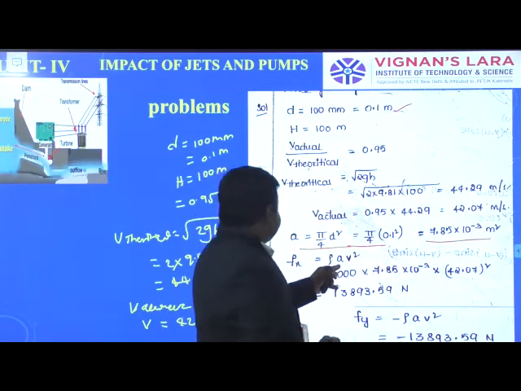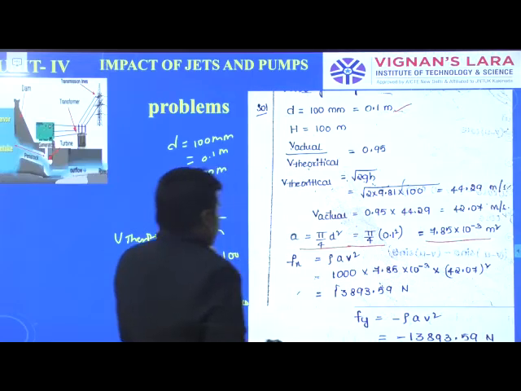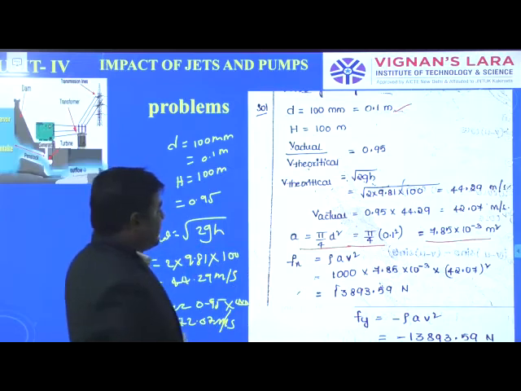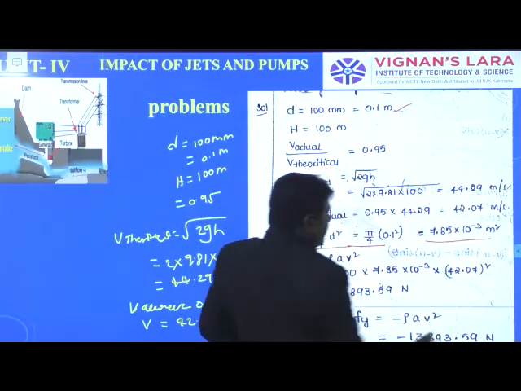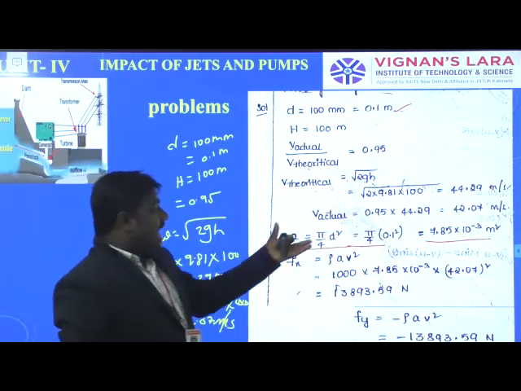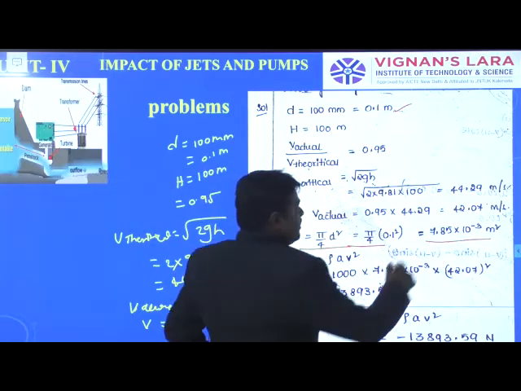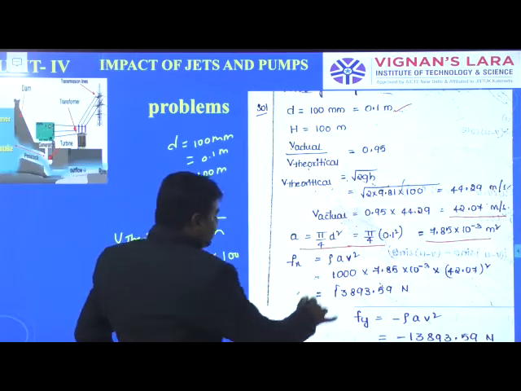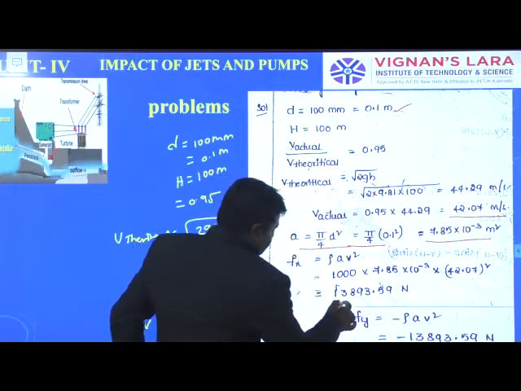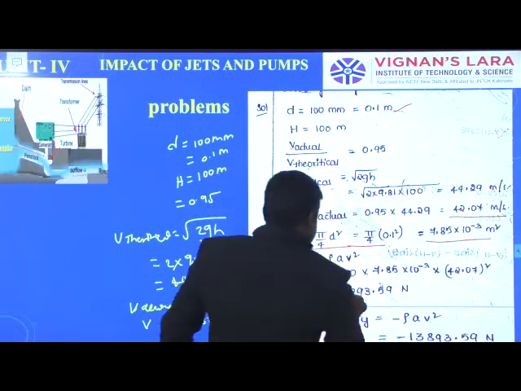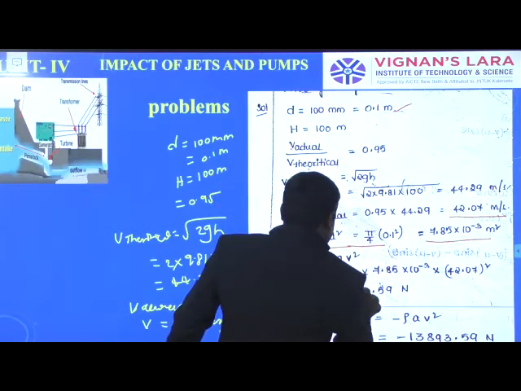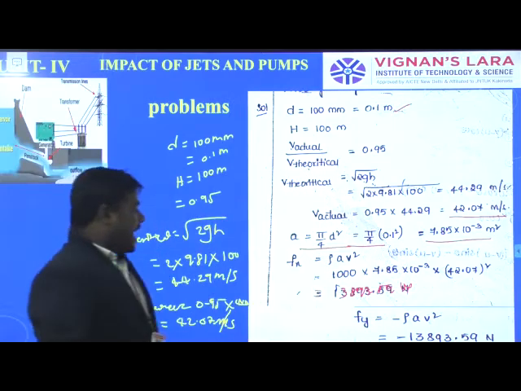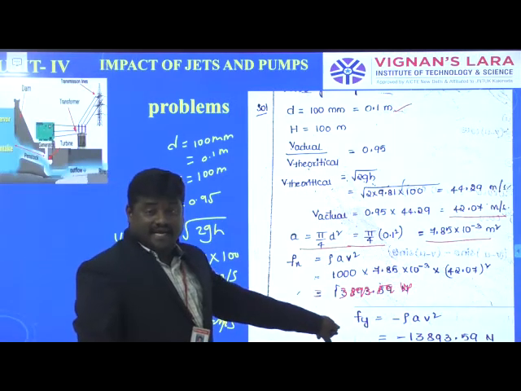And velocity, we get the value 42.07 meter per second whole square. Then we get the value, that is 13,893.59 newtons.